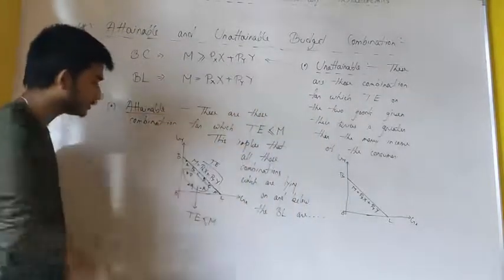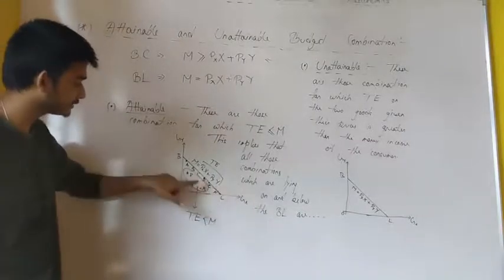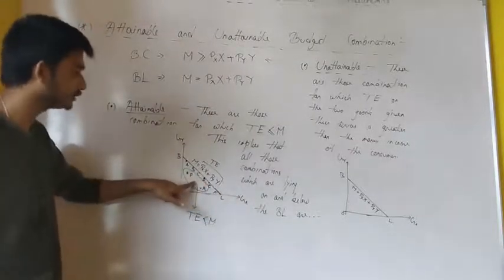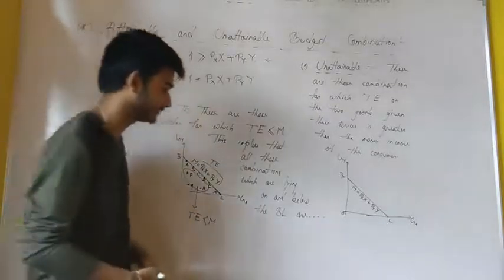Up to this much, we have learned that all the combinations which are lying on or below the budget line are the attainable combinations.